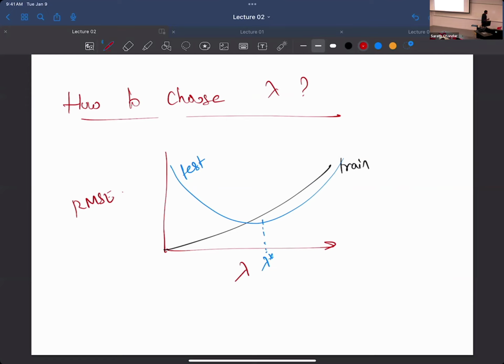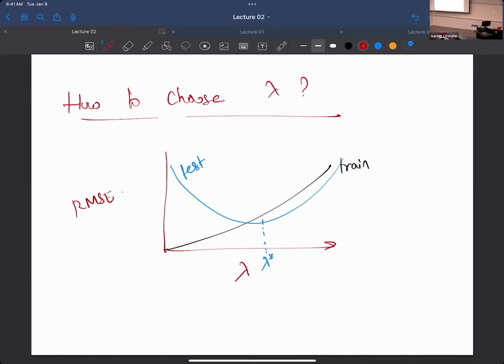So do you understand the training curve? The training error has to be zero when no regularization happens because you're overfitting, right? And it will just keep increasing. On the other hand, the validation or the test error is going to be very high when you're overfitting. It's going to decrease up to some point, then it goes up again.